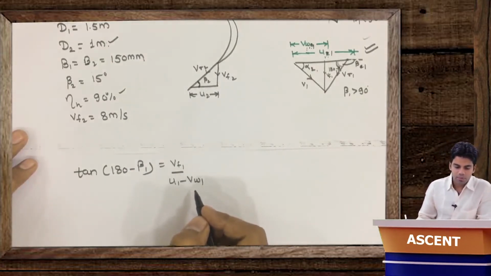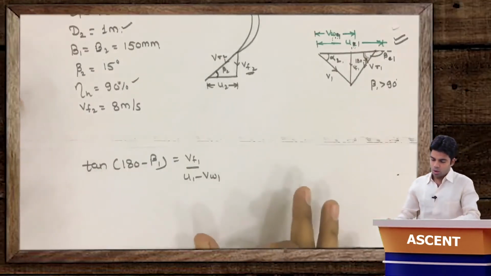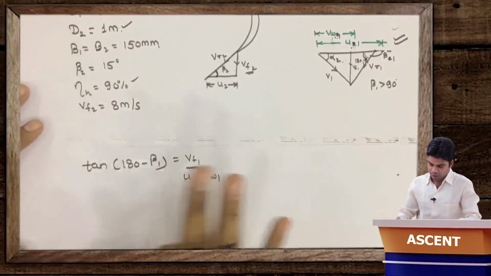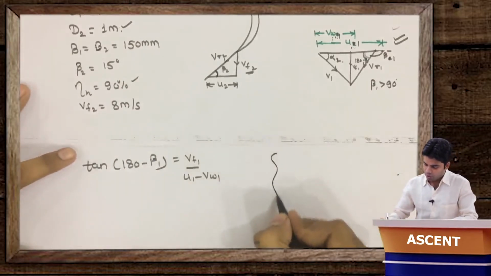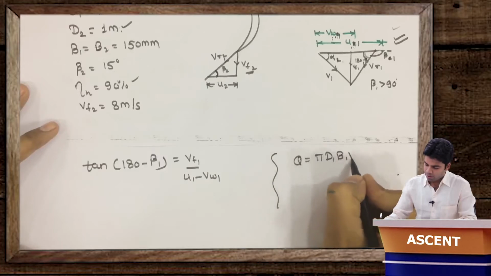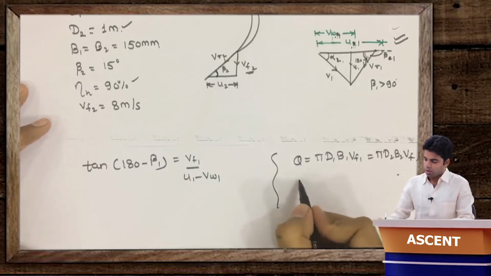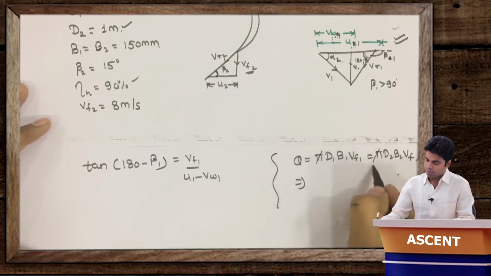Okay, so for this we first have to determine the value of vf1. How can we determine the value of vf1? We have the value of vf2 and we know that total discharge Q is equal to pi d1 b1 vf1, which is equal to pi d2 b2 vf2. Now from here pi will get cancelled out.